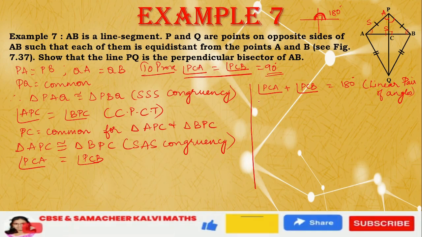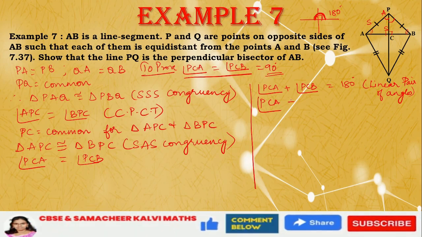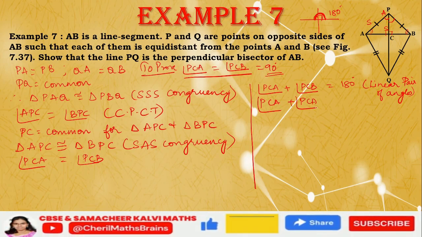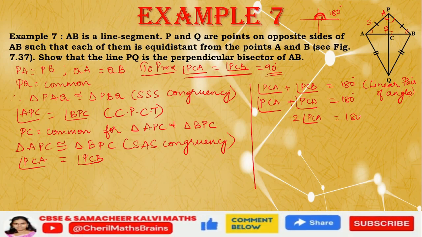Since both are equal, I can write PCA plus PCA is equal to 180 degrees, which is twice PCA equal to 180 degrees.